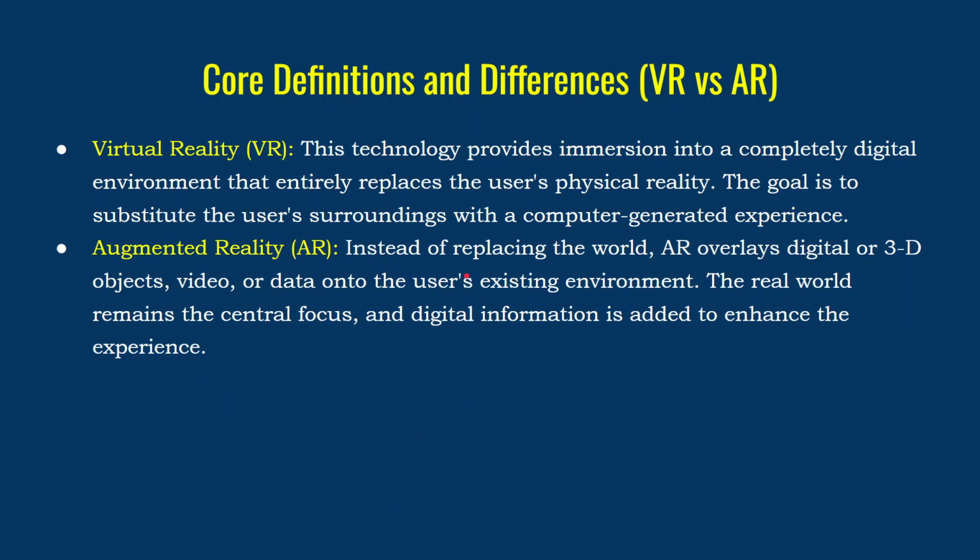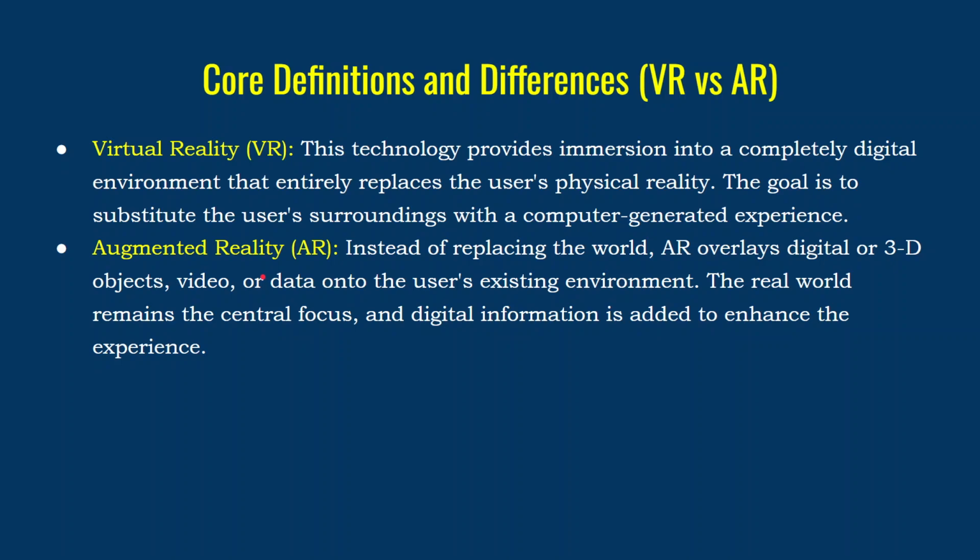And what is augmented reality? Instead of replacing the world, AR overlays digital or 3D objects, video or data onto the user's existing environment. The real world remains the central focus and digital information is added to enhance the experience. This is something like a game where people are given an object like a car to do a car race, or a video that makes the person feel they are in that situation.